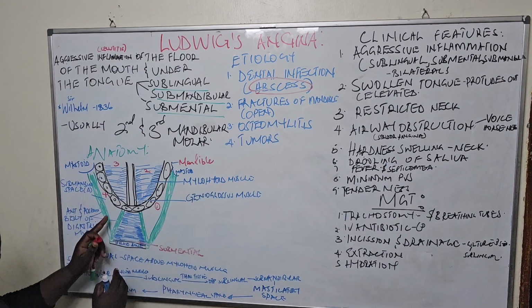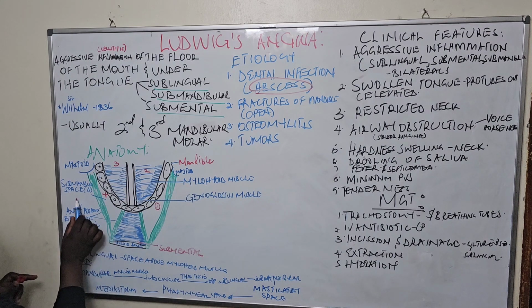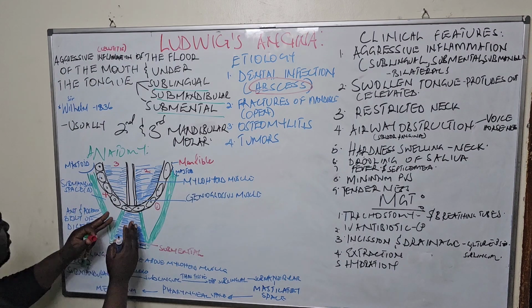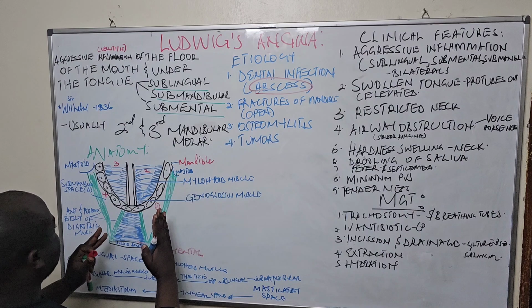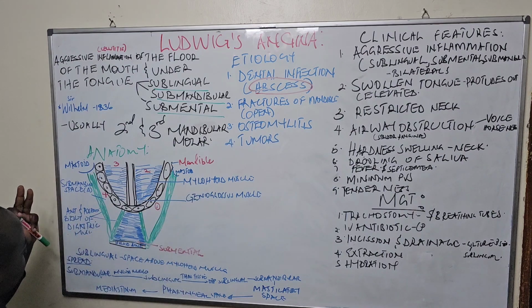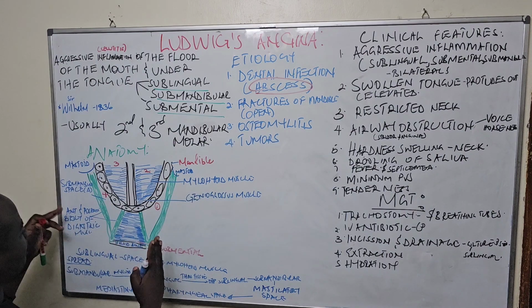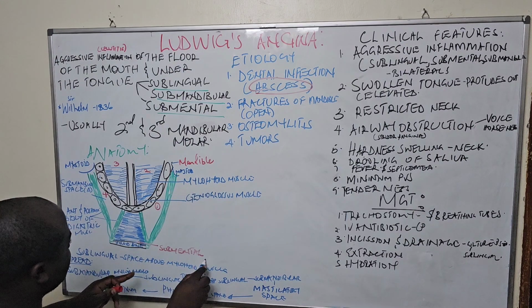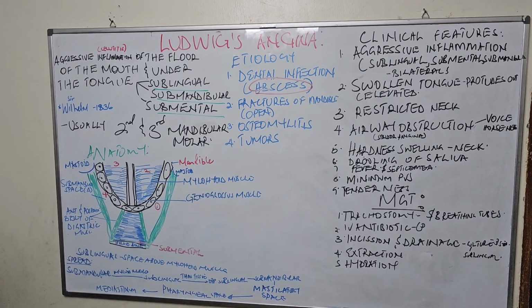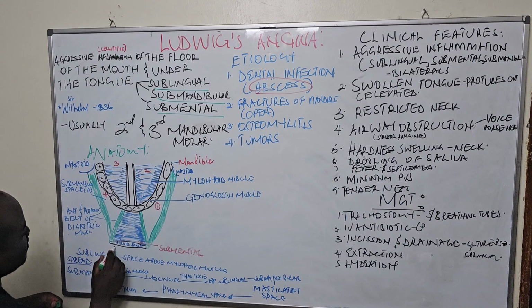So in between there is where we have the submandibular space, and in between the digastric muscle on the left and right, we have what? Sorry, the submental space. And the submental space is attached on the what? On the hyoid bone.